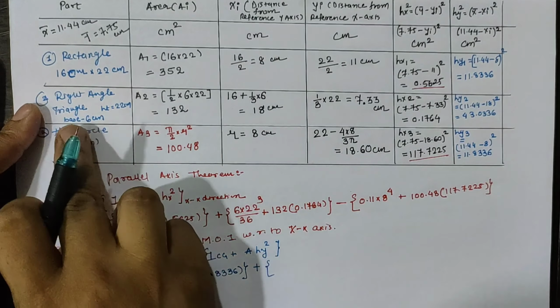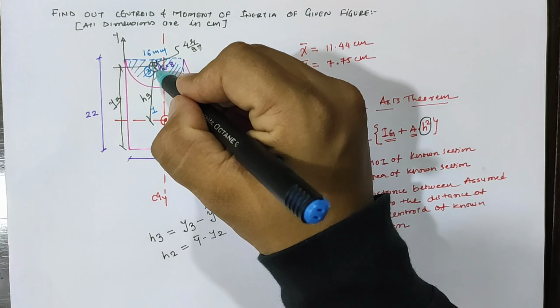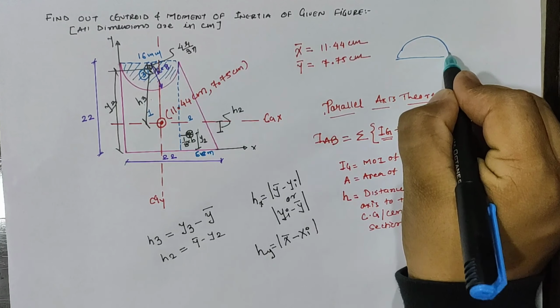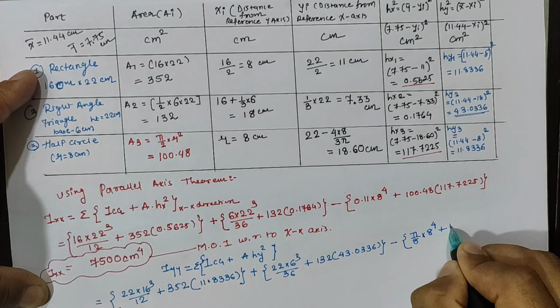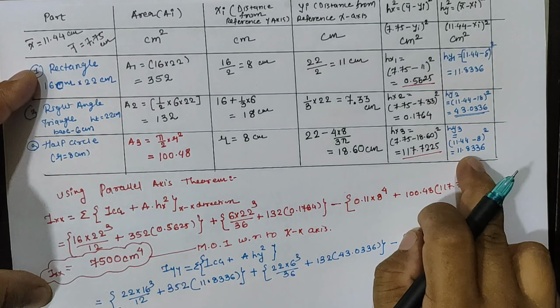and the third area is removed from the original section. Hence, for the y-y axis, which is perpendicular to the cut part, the half circle has the moment of inertia with respect to the x axis as 0.11 r raised to 4, while for the y axis it is pi by 8 r raised to 4, which is derived. Hence, for the third part, it is pi by 8 into r raised to 4, and r is 8 centimeter, plus area 100.48 into hy3 as 11.8336.